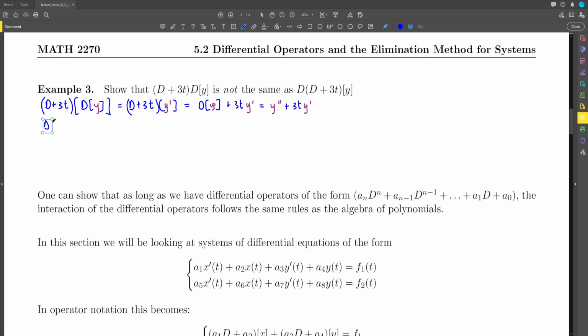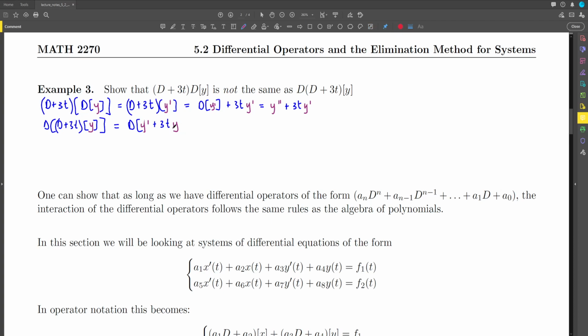So if we take the derivative of D plus 3t acting on y, then what we get is the derivative of, and then D of y, that will be y prime, and then plus 3t times y.